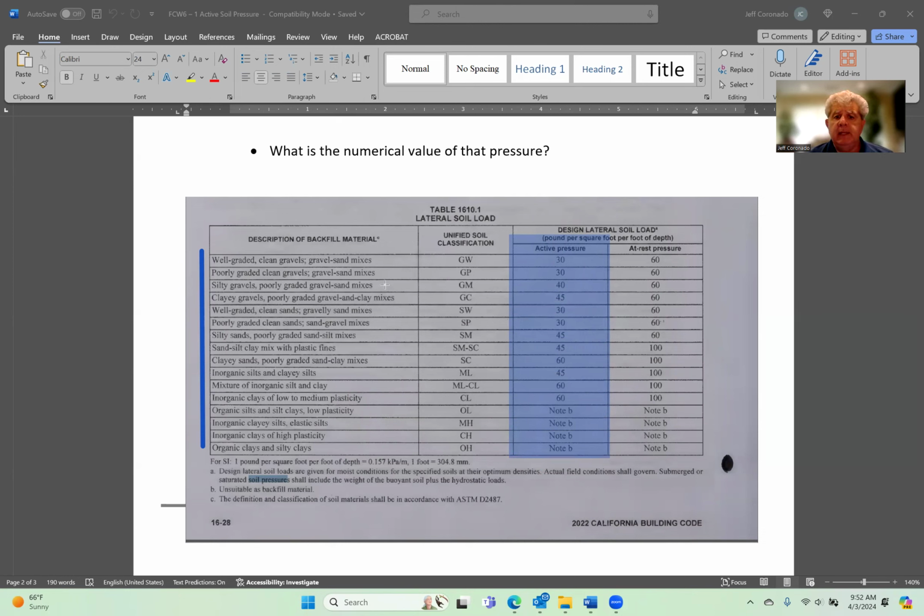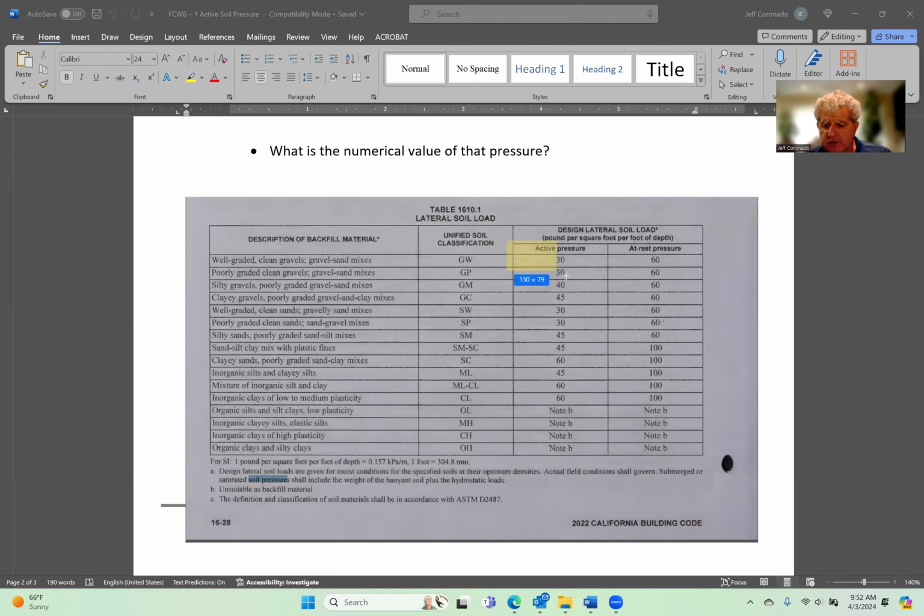or frequently, there may be office standards where you work that will tell you what active pressure to use. Let me focus on that a little bit. Notice how they're almost in numerical order, right?